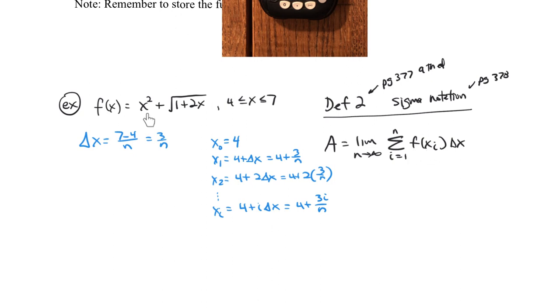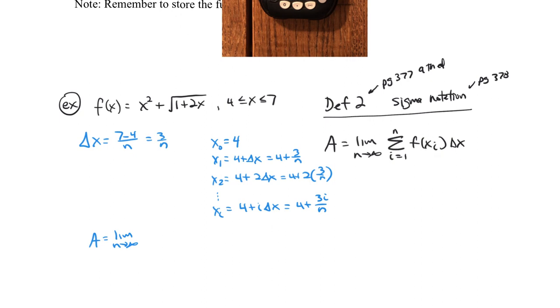So here's f of x right here. f of x sub i just means wherever we see an x, we're going to put x sub i, which is this thing. So what we would get here would look like this. The area equals the limit as n approaches infinity. I'm just going to use this formula right here, but we know what f of x sub i is.